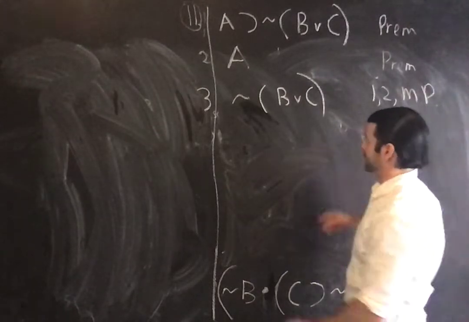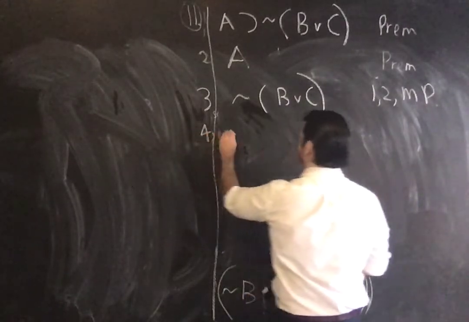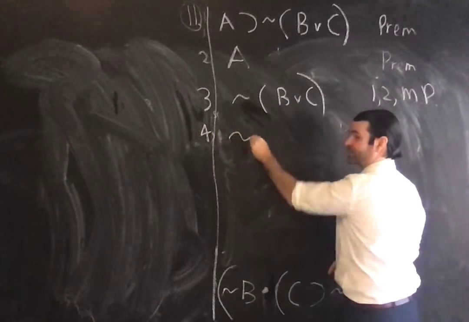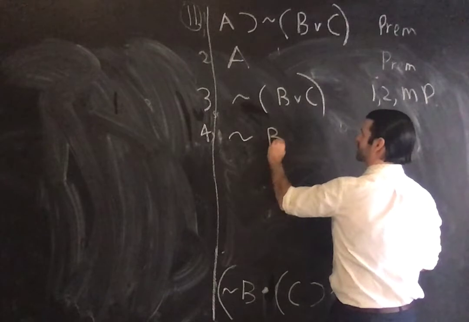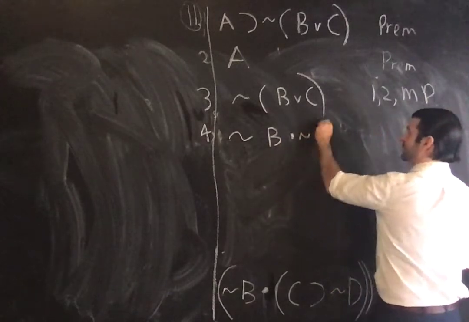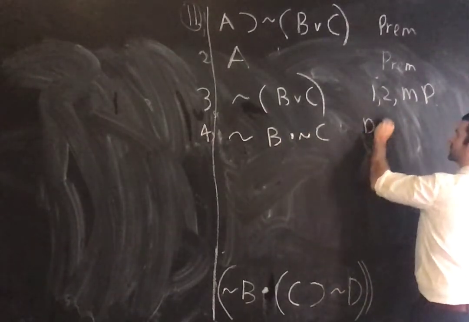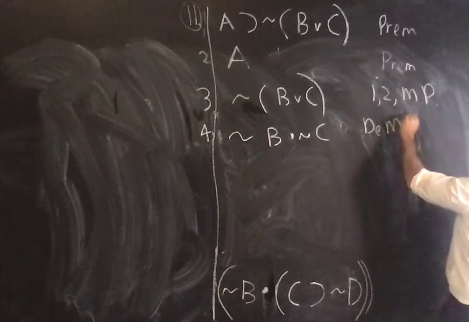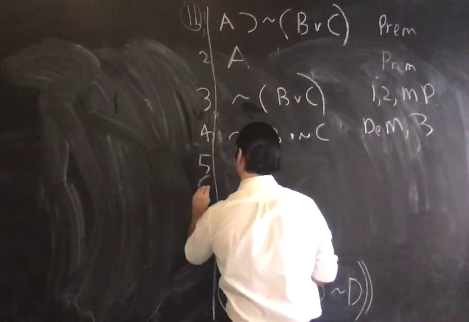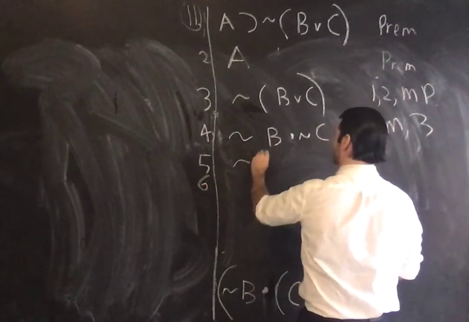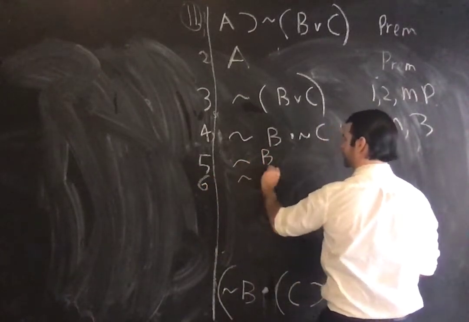I'll be able to get my not B easily enough, because why is it the smiley face emoticon? Why a negated disjunction? Because I do De Morgans on 3, which leads me to a conjunction. Conjunctions I simplify.